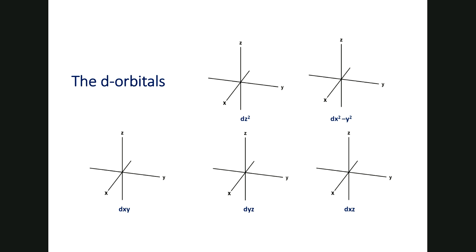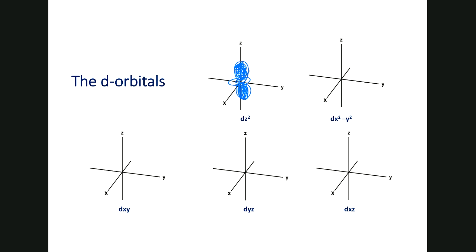All right. So for dz squared, this orbital is going to be lying directly along the z axis, right? And it's going to have what we normally called, when I was in grad school, a little donut, a little contribution in the xy plane. So that's my dz squared.